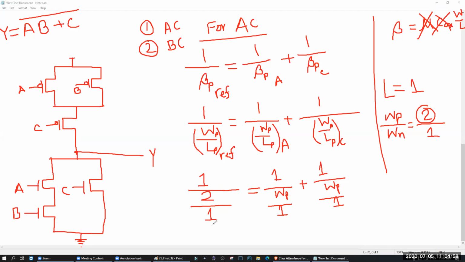So your final value is 1 divided by 2 equal to 1 divided by WP plus 1 divided by WP. Since they are the same, A and C, their sizing will be the same. So can I write 2 by WP? Yes, sir. Okay. So here, I'm going to erase some of it.